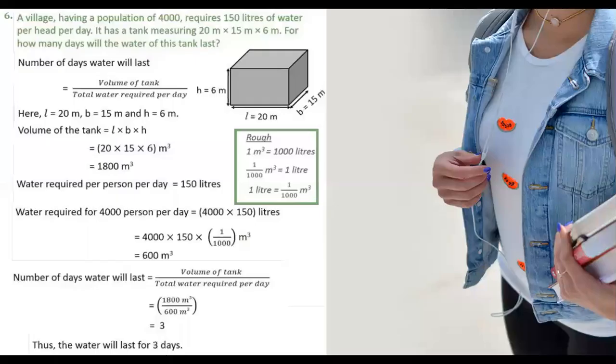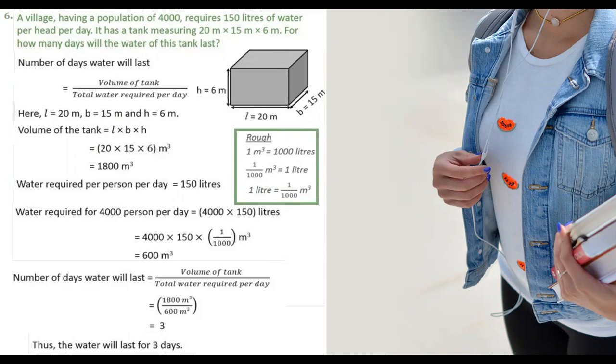So one person requires 150 liters of water a day for bathing, washing, drinking, and so on. In the village, there is a tank with length 20 meters, breadth 15 meters and height 6 meters. And we need to say how many days the water of the tank lasts.